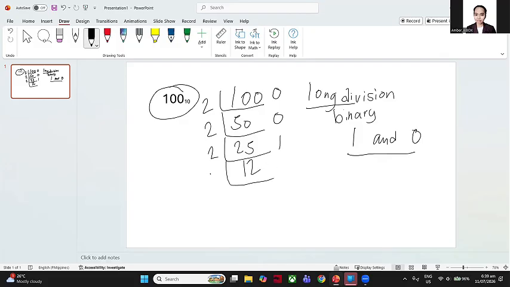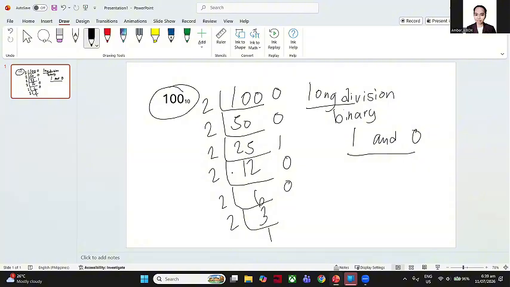And then another 2, which gives 6, remainder 0, because 6 times 2 is 12. Another 2 gives 3, then 0. And then another 2 gives 1. Why 1?